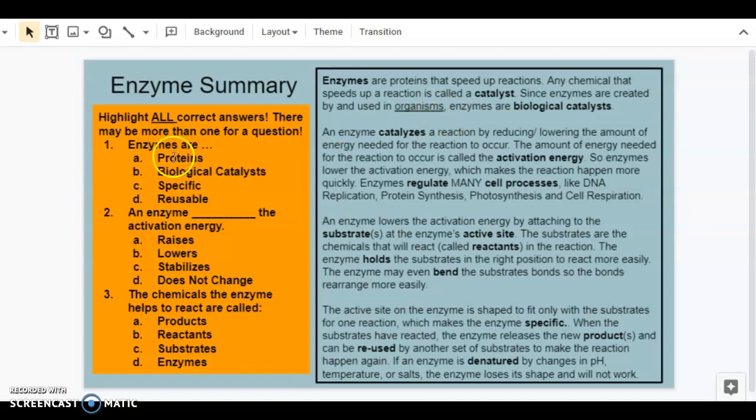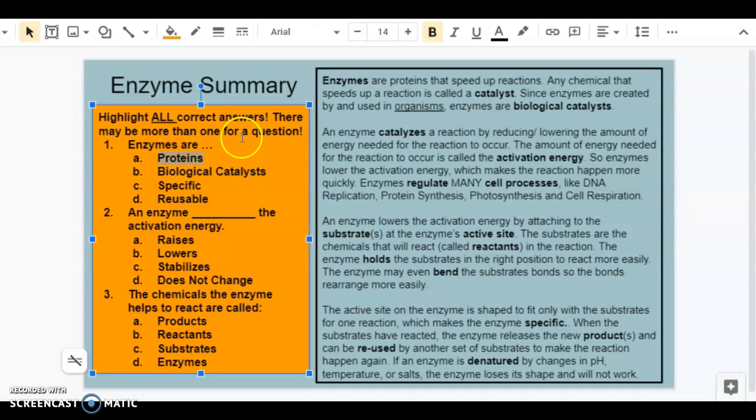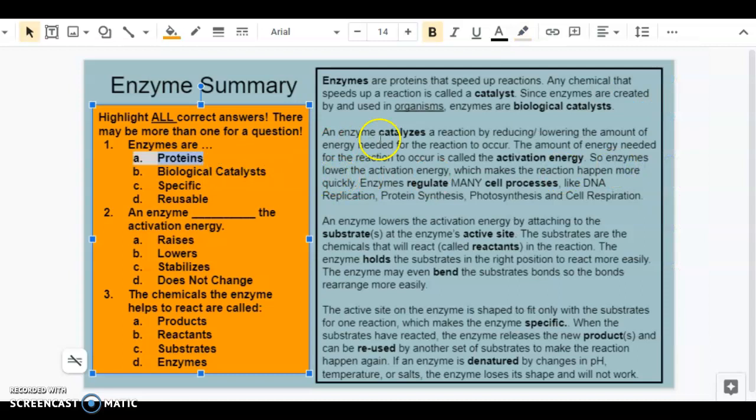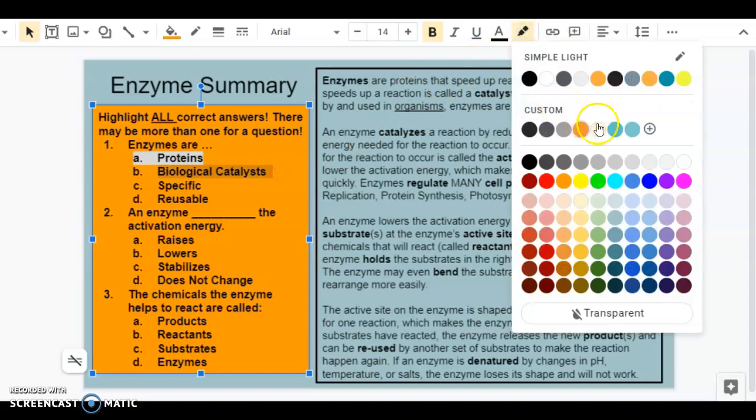So already we know that enzymes are proteins, and we're going to highlight that. If you go over to the little highlight color, I'm going to highlight that in gray. And they are biological catalysts. And we'll highlight that again.